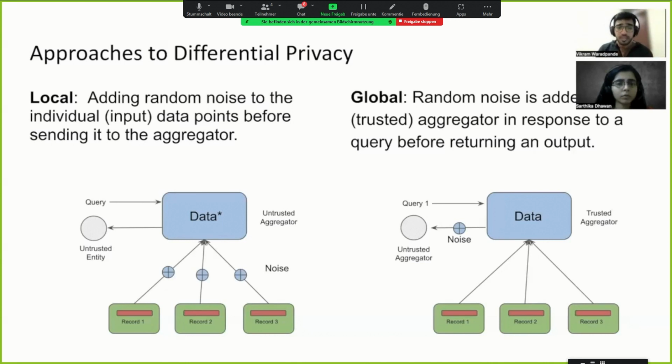So usually global differential privacy results in slightly better performance, but the strict requirement for global differential privacy is that the aggregator be trusted, because we are supplying true information to the aggregator.